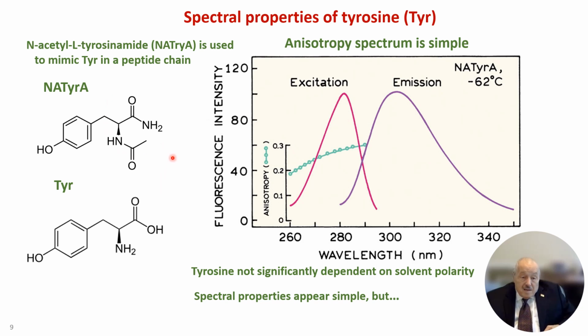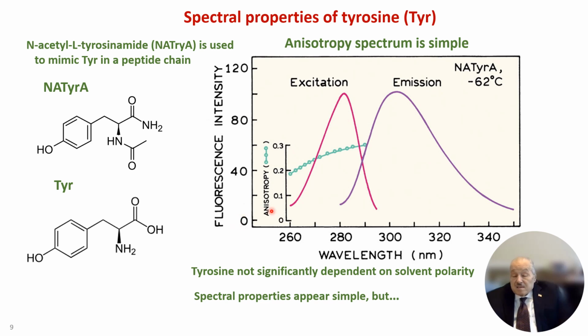So it's an amide on this acetyl group here, amide here. And the reason these are better model proteins is because you don't have these free charges around the tyrosine when it's built into a protein. So it's common when you're studying the amino acids to use these NATA derivatives.